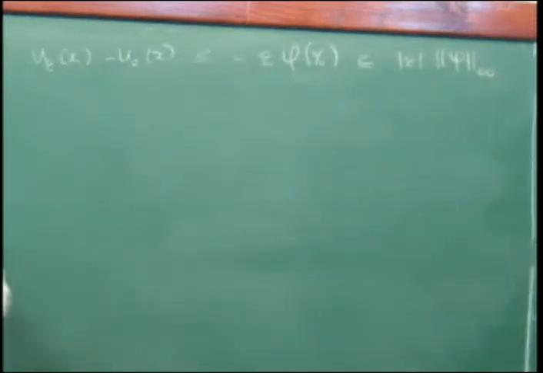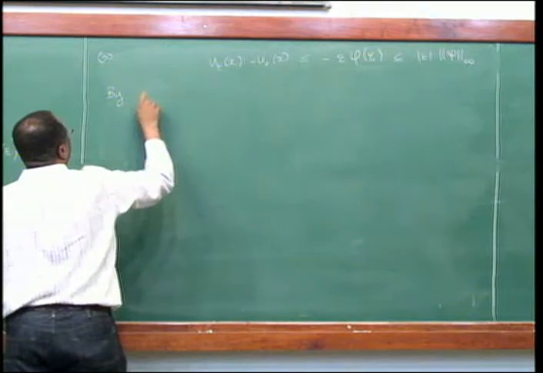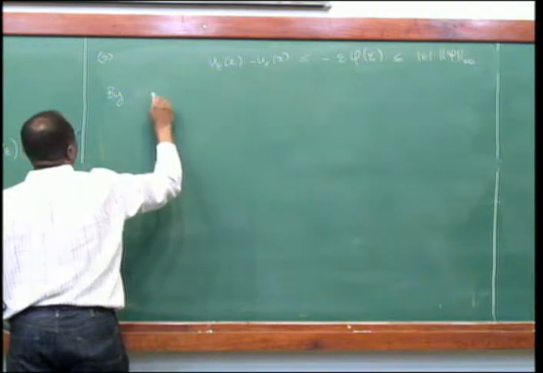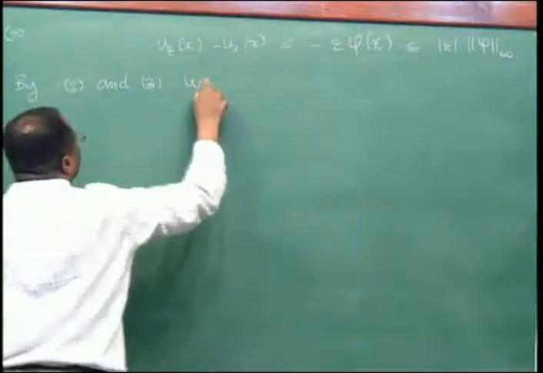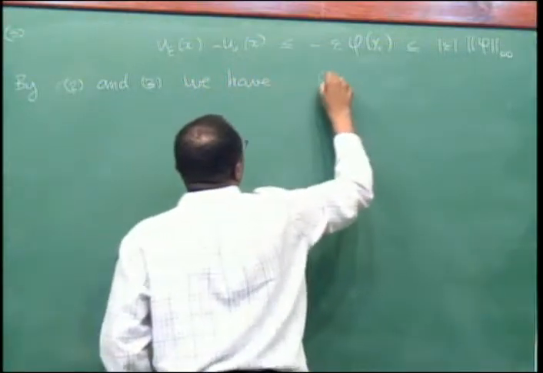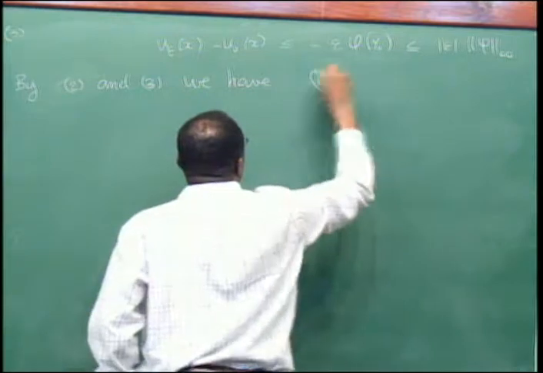Call that 3. By 1, 2 and 3, we have the first claim.